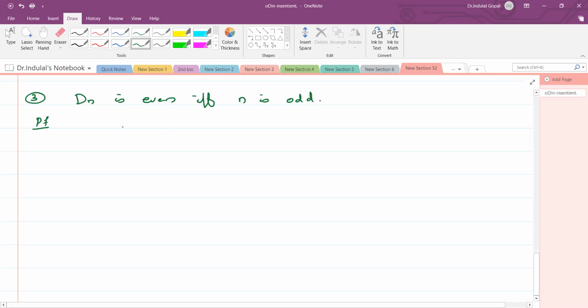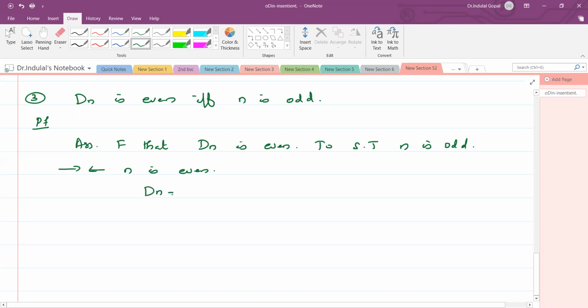So assume first that Dn is even, and to show that n is odd, we assume the contrary, that n is even. And by the previous result, we have Dn is equal to n into Dn minus 1 plus minus 1 the whole raised to n.